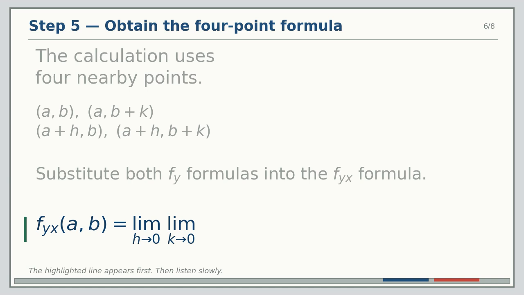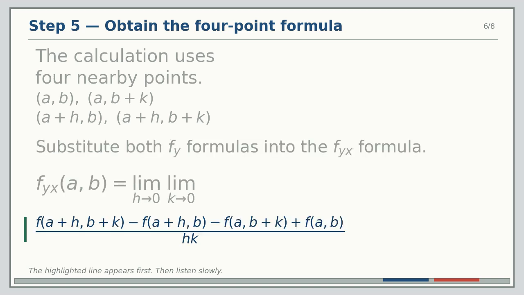We obtain the limit as h tends to 0 of the limit as k tends to 0. The numerator is f at (a plus h, b plus k) minus f at (a plus h, b) minus f at (a, b plus k) plus f at (a, b). The denominator is h times k.